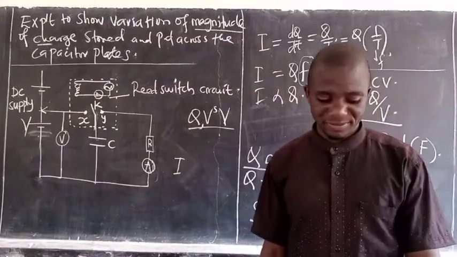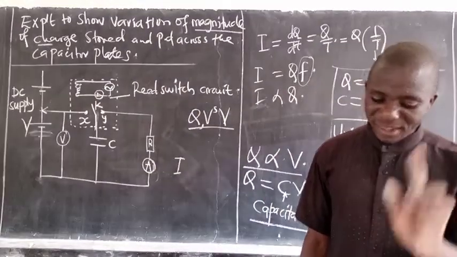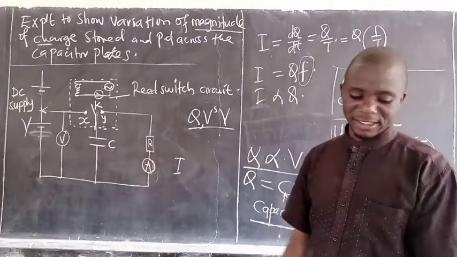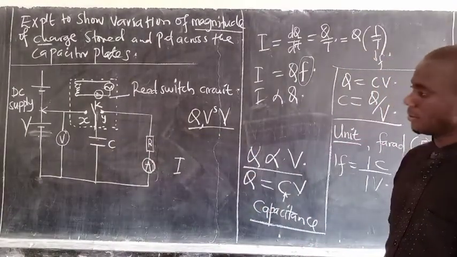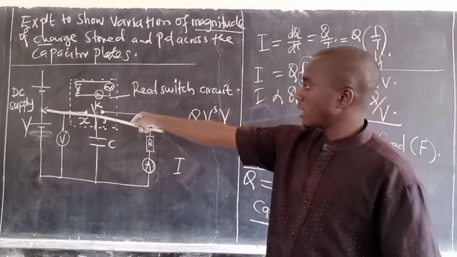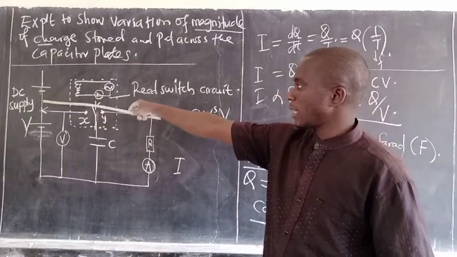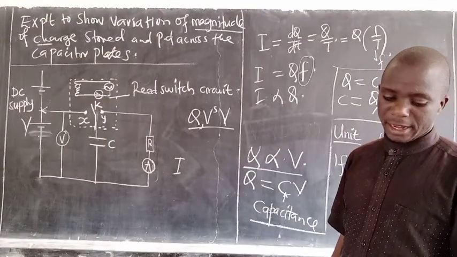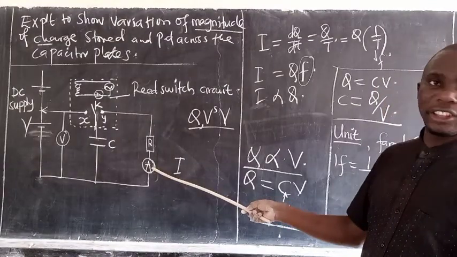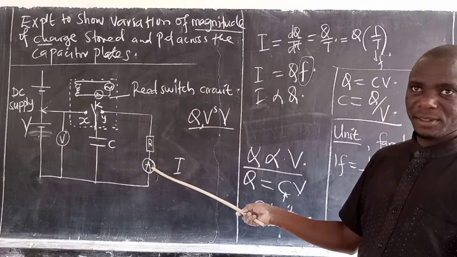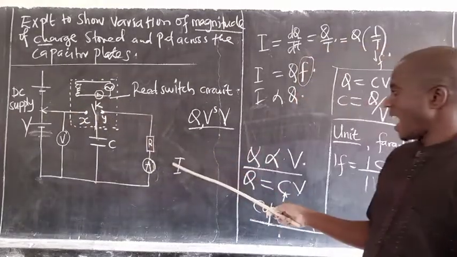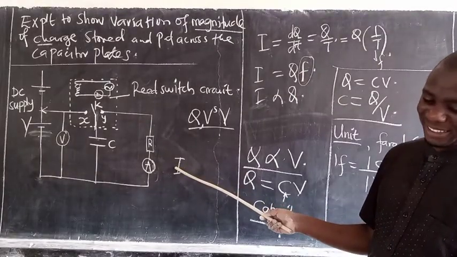We go on. It is observed that when the PD across the capacitor plates is increased, by making the switch touch at different points, the current I increases. And when V is reduced, the current I reduces.